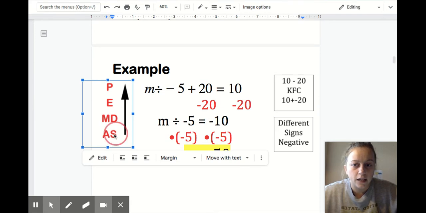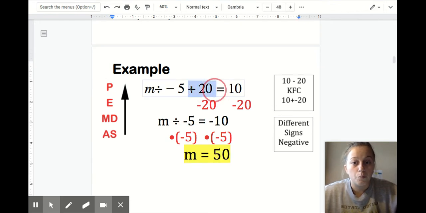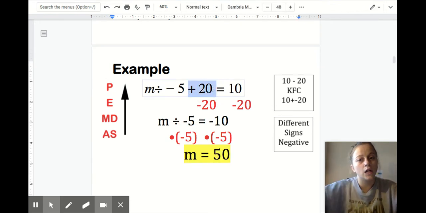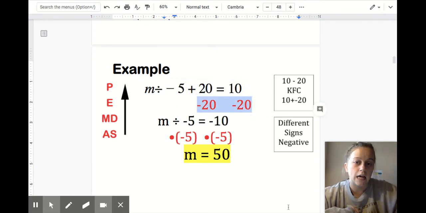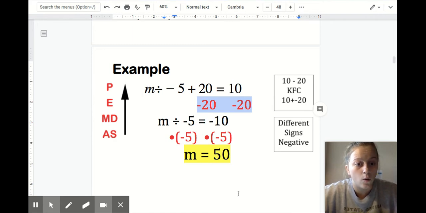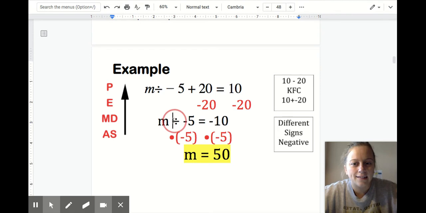So as we see over here, I need to get rid of my addition or subtraction first. So to get rid of a plus 20, I do the opposite or the inverse, which is minusing 20 on both sides, making sure you show that minus 20 on both sides. Next, I need to get rid of my divide by a -5.